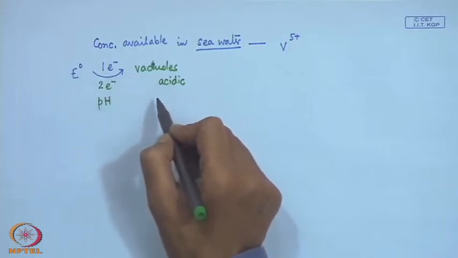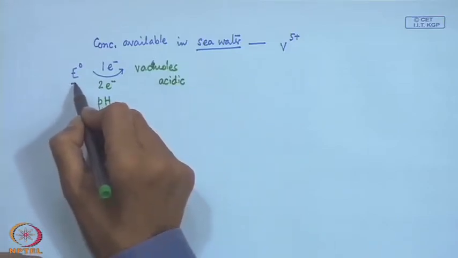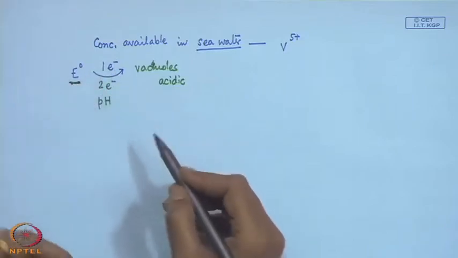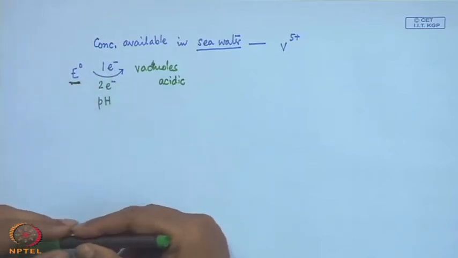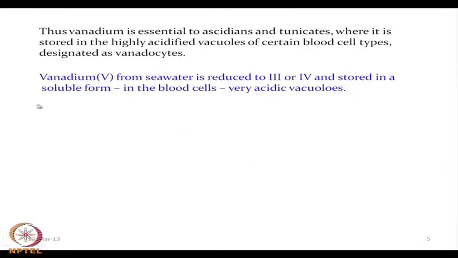So, we find that the observation of whether your E0 value is less or more in acidic medium compared to the basic medium is also responsible for storing the corresponding vanadium in these bodies.